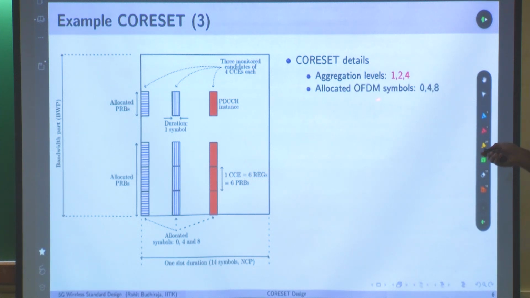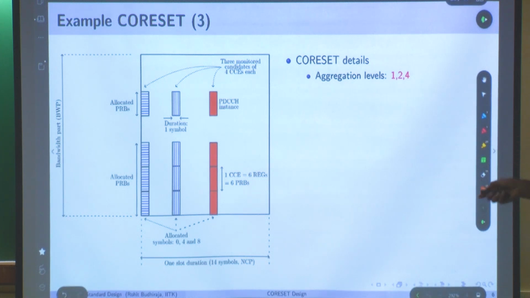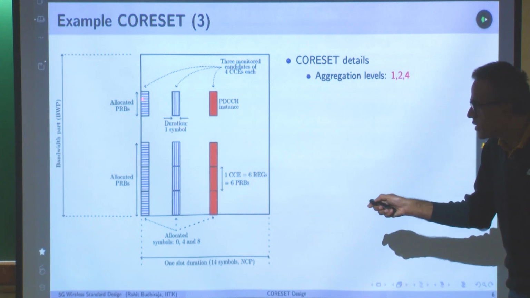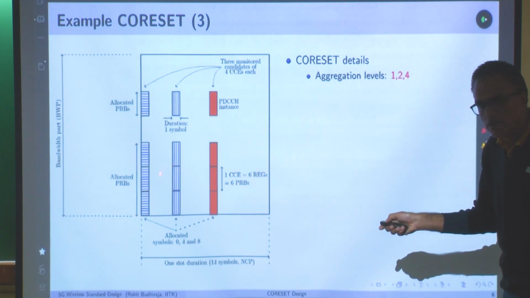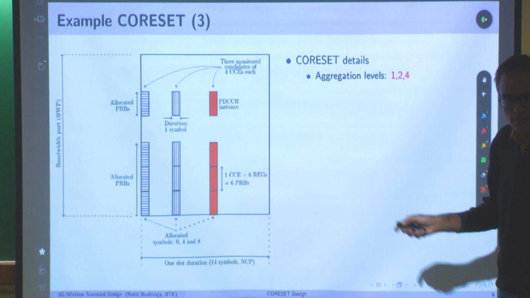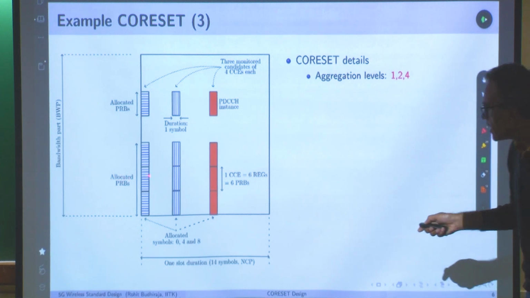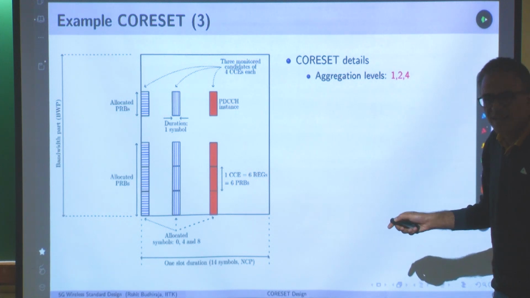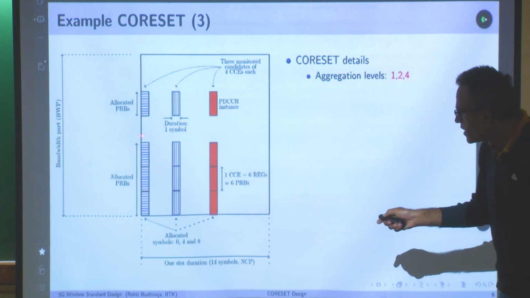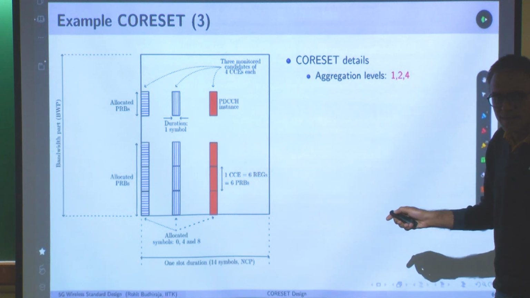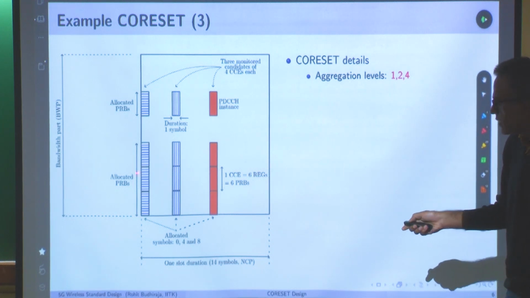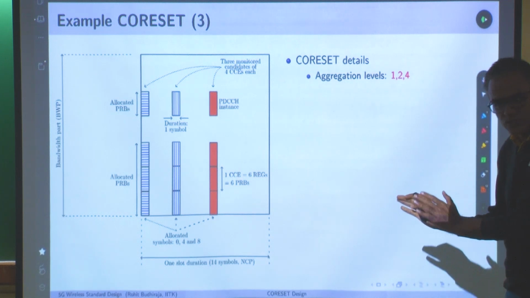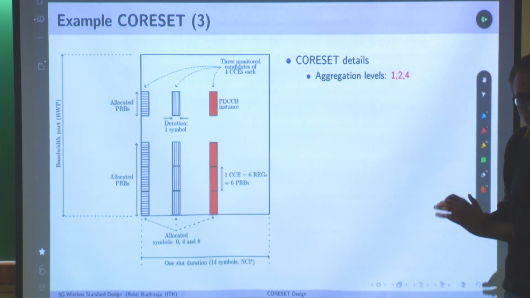So same allocation. If it is aggregation level 2, what will happen? Data can come in this, data can come in this. Why can't it come here? Can aggregation level 2 begin from here? Because that's also aggregation level 2, right? Okay, correct. I'll show you later that there are certain restrictions imposed on this Coreset.